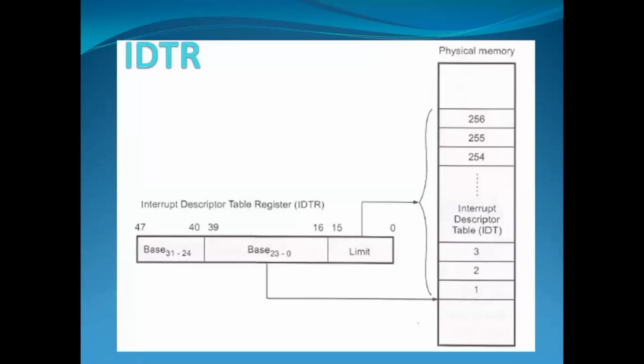So here we'll see the IDTR. The format of the IDTR: a limit from bit 0 to 15, that is a 16-bit limit, and a 32-bit base address, bits 0 to 23 and 24 to 31, as shown here, which access the interrupt descriptor table in physical memory locations as shown in the figure.